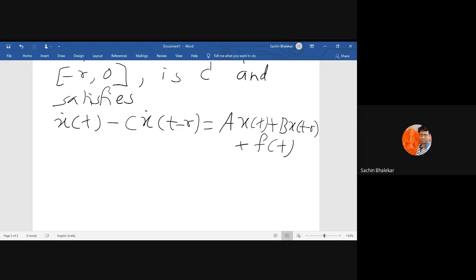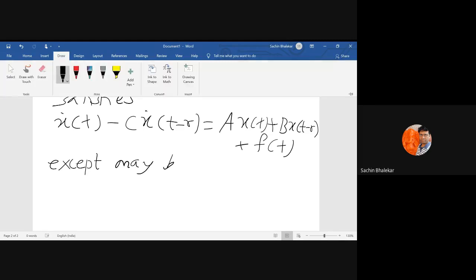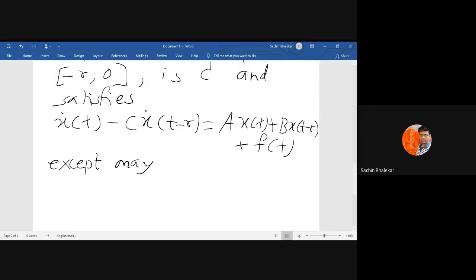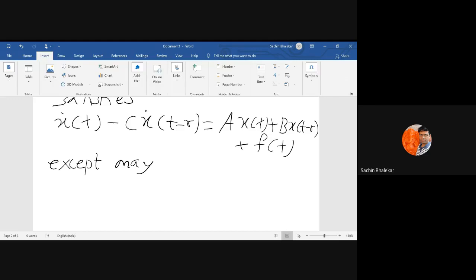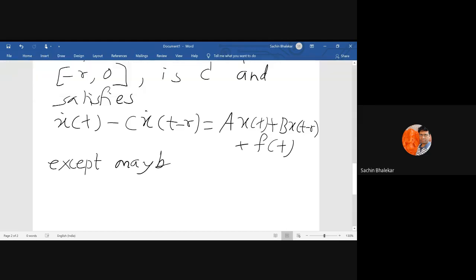except maybe at the points kr, where k is 0, plus minus 1, plus minus 2 and so on.